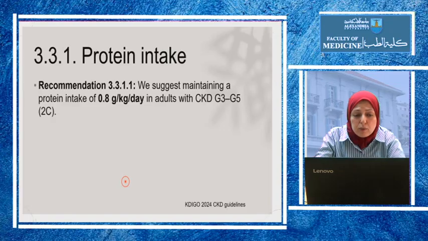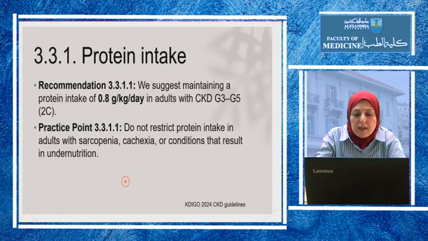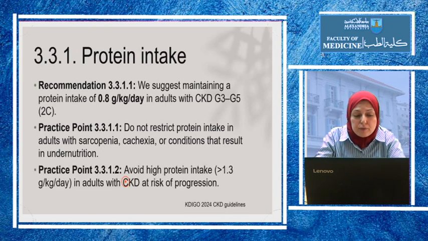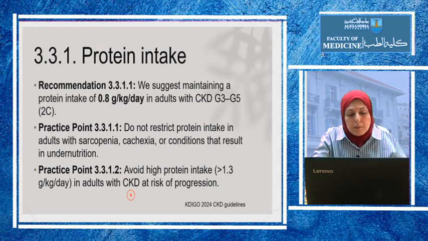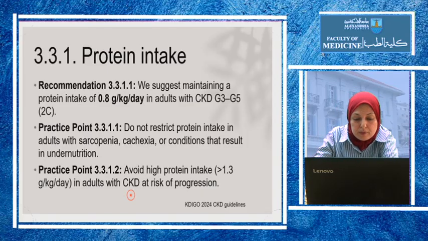So the KDIGO recommend that we maintain a protein intake of 0.8 gram per kilogram and should not be restricted, especially in patients with sarcopenia or low muscle mass, in patients with cachexia, or in patients at high risk for undernutrition. But we should avoid high protein intake of more than 1.3 gram per kilogram per day.